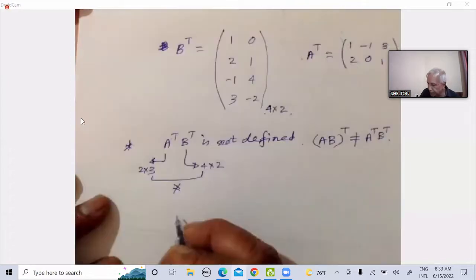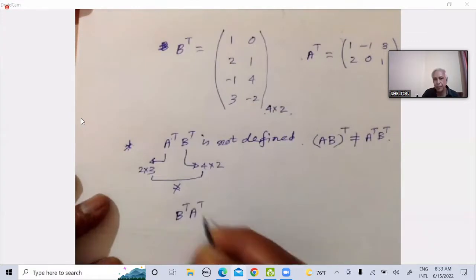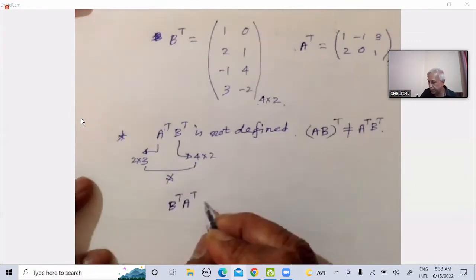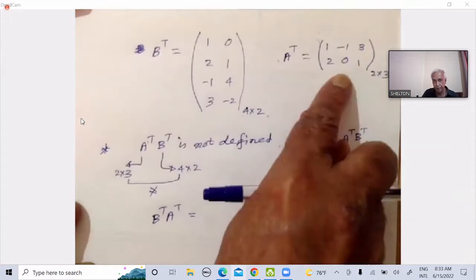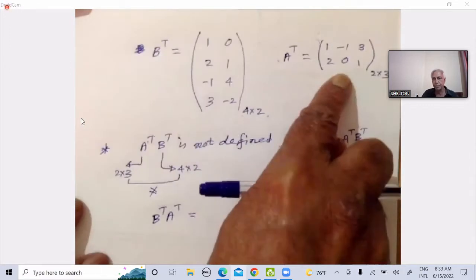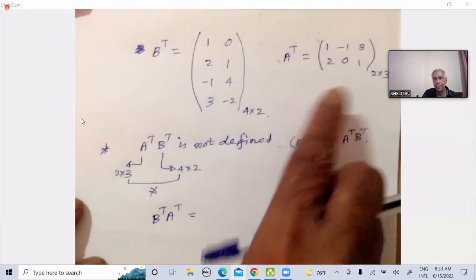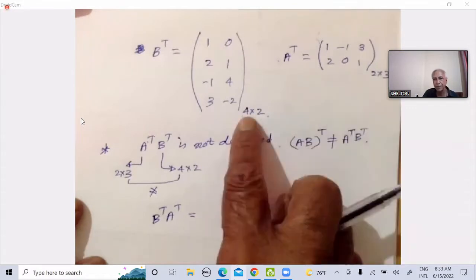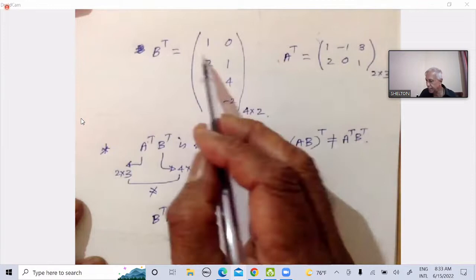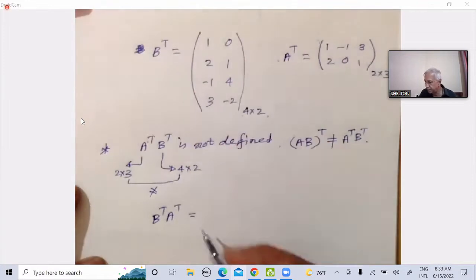Now let us find B transpose A transpose. B transpose is this. A transpose is that. They can be multiplied. See, 2, 2. So the answer is going to be 4 by 3. Multiply and tell me the numbers.